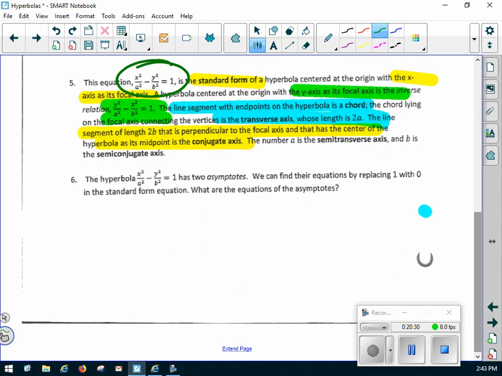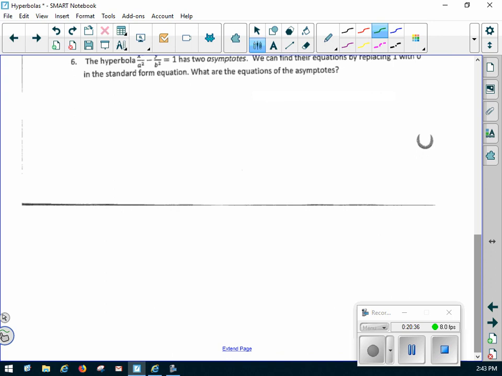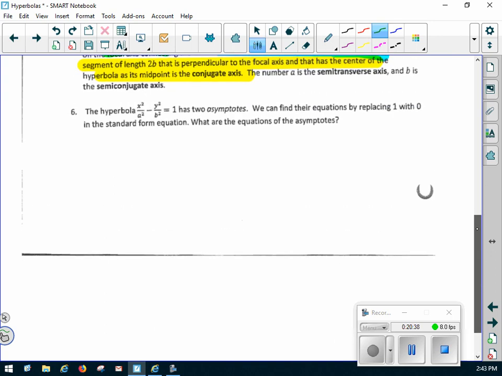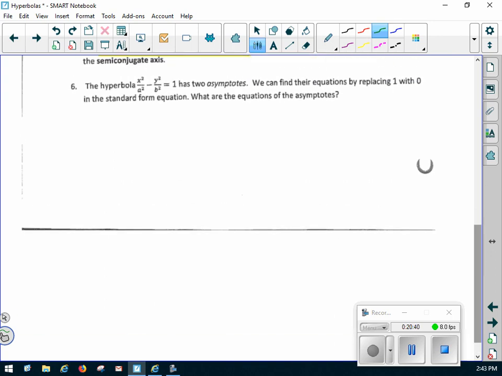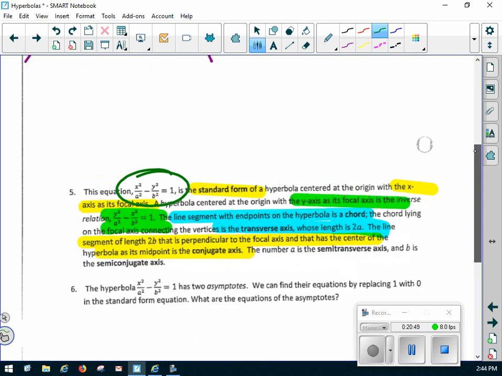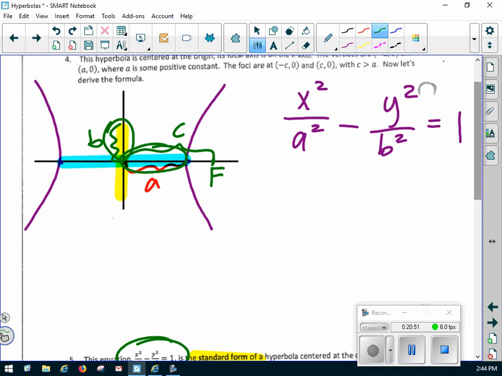Now, your head is probably hurting already. Not yet? Okay. A hyperbola has asymptotes.